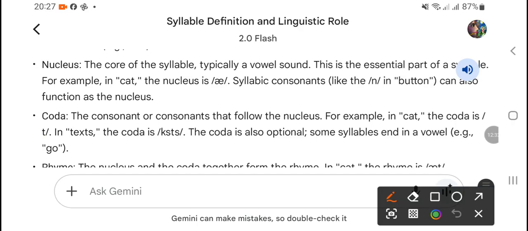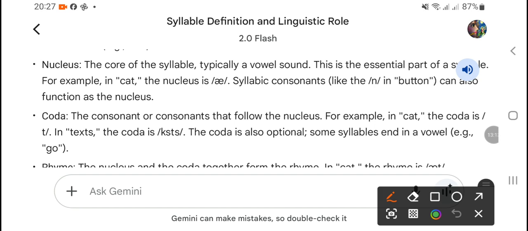In button we have seen that N works as the nucleus, though N is a consonant.